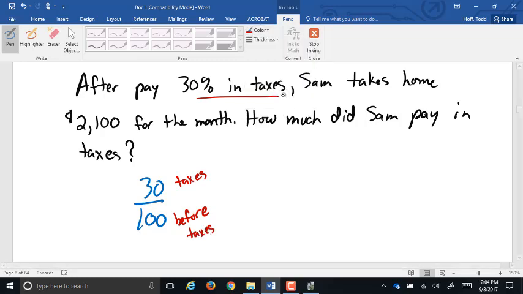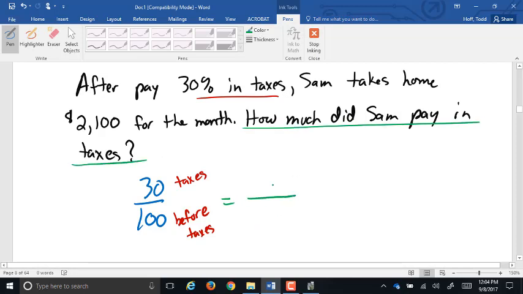So when we go to do the other side of this, how much did Sam pay in taxes? That's what we're looking for, the dollar amount of the taxes. The $2,100, does that represent what Sam earned before taxes? No, it doesn't. We don't have that amount. The $2,100 is after taxes. Well, there is another percent that's always looming in these percent problems.